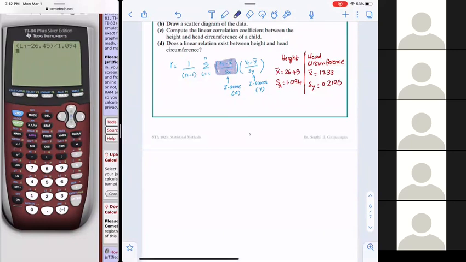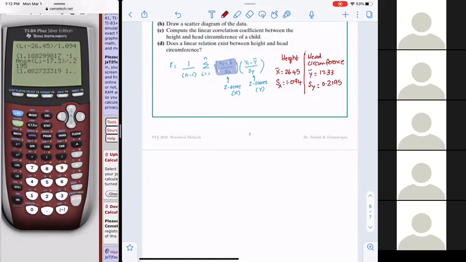And we have to multiply that with the y values. All y values are in list 2, minus the mean of y, which is 17.33, and divide that by 0.2195.